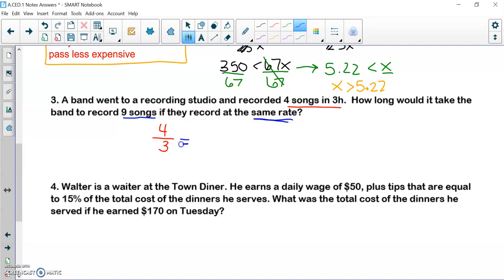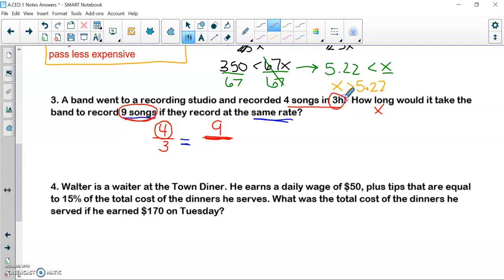Same means equal, so I want the same rate, and this time I want 9 songs in X amount of hours. Well, I'm going to match up the numerator of my first fraction, which is songs, with the amount of songs that I'm creating now, which is 9 songs.